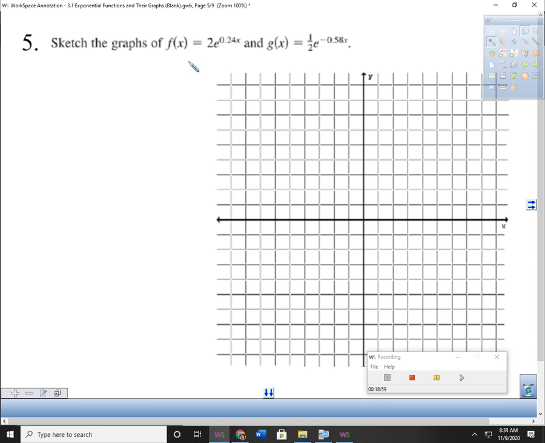All right, so number 5, we're going to graph some of the natural base equations. So let's start with that f of x: 2e to the 0.24x. It's a little blurry, but that's what that is.